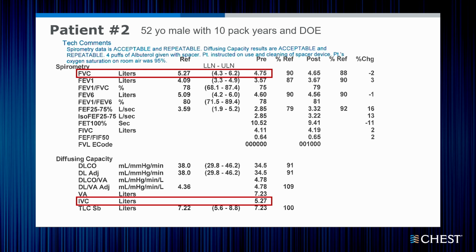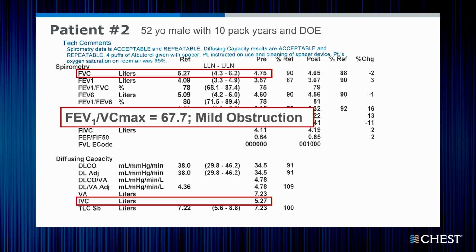And here you can see the FVC met our criteria for end of forced exhalation, so it seemed to be a good study. Exhalation time was 10 seconds. So FEV1 over VC max was less than the lower limit of normal of 67.7, suggesting mild obstruction.